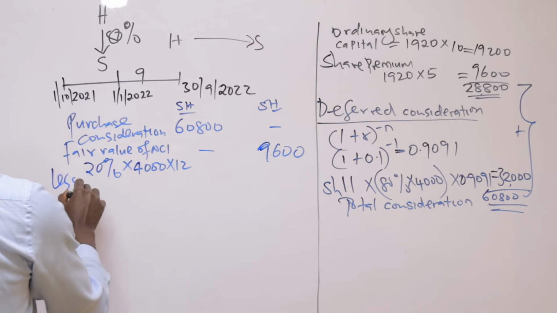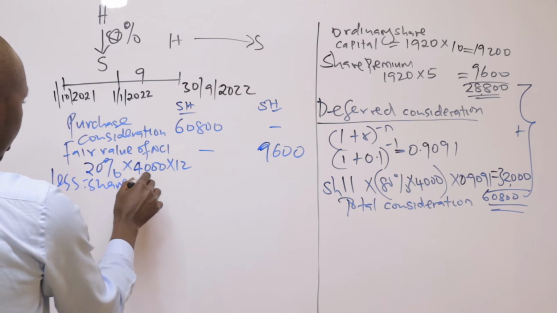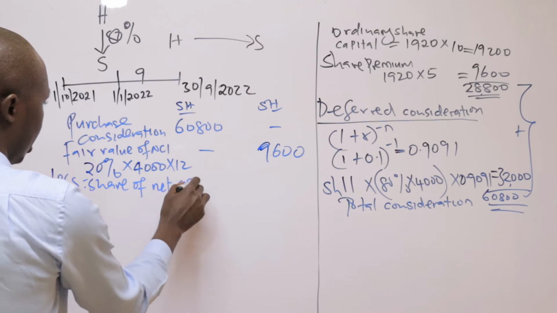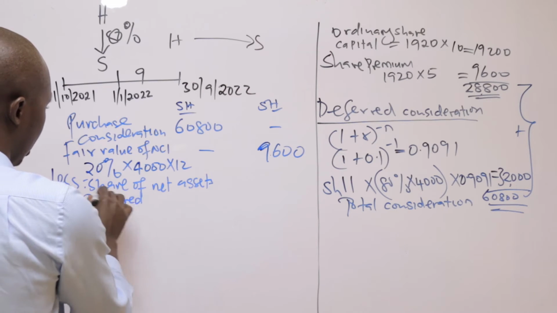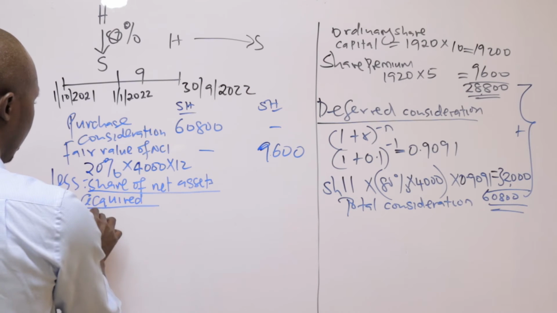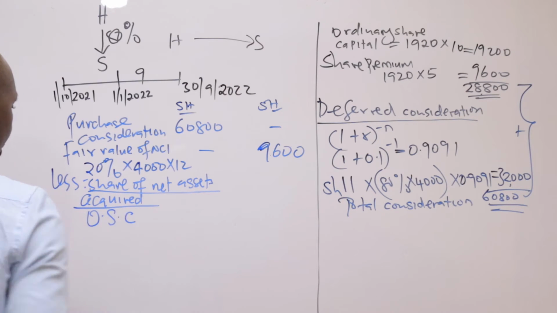So then we raise the share of net assets acquired. So we start with ordinary share capital. The ordinary share capital was given, the 4,000.